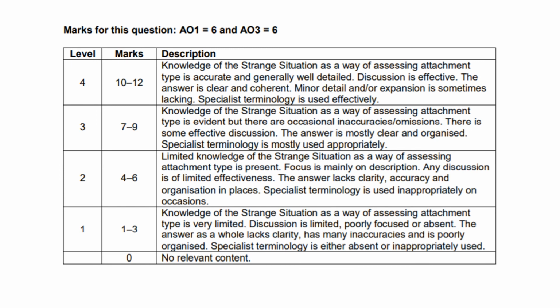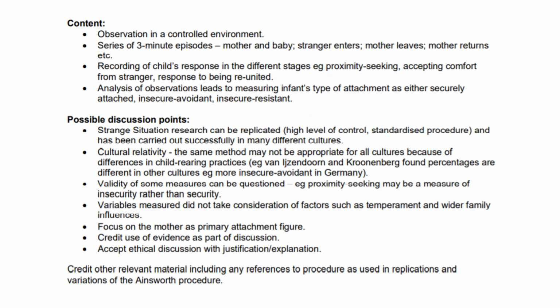You've got to distinguish between 4 and 3, I would always say, because it's where students struggle to get into the top band because they've had some inaccuracies, or too many, in order to get into the top. You need to make sure your discussion is effective, so you're describing and you're evaluating. And remember, minor detail and expansion is sometimes lacking even to get into level 4. So you just need to make sure that you're being clear and concise in your evaluation and your description.